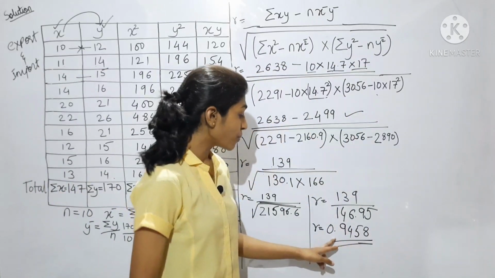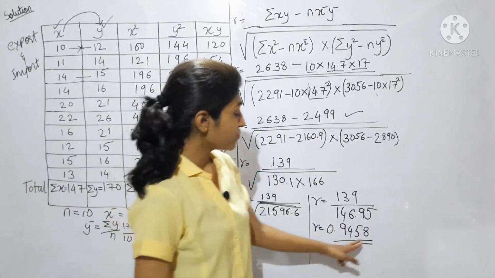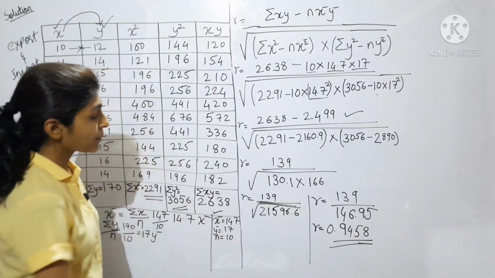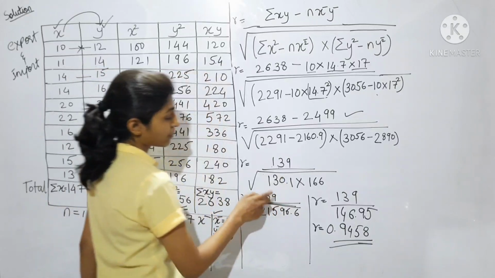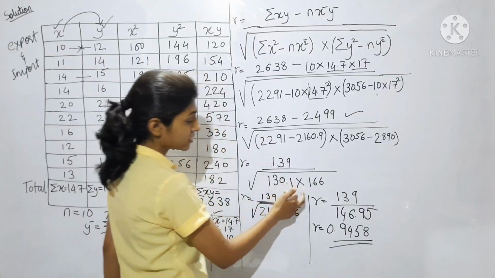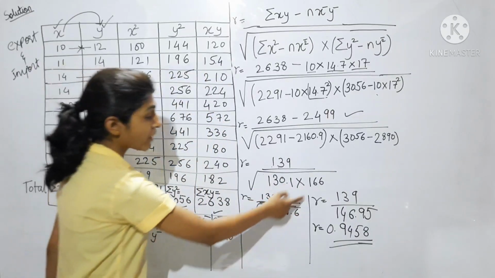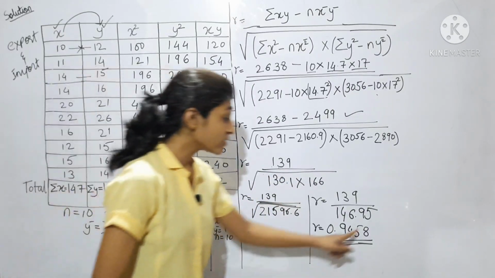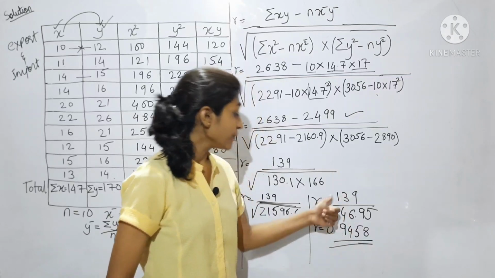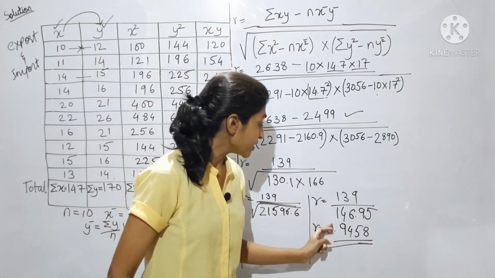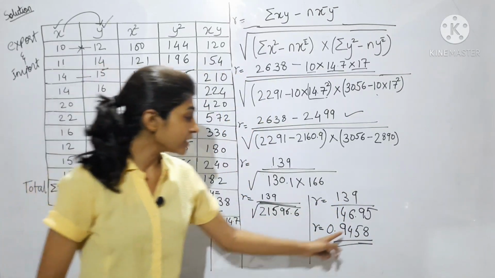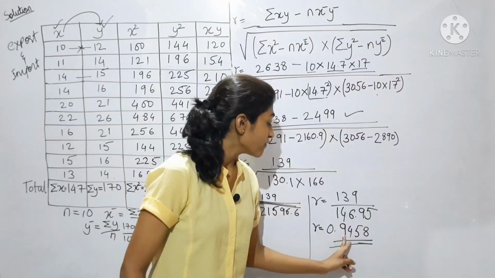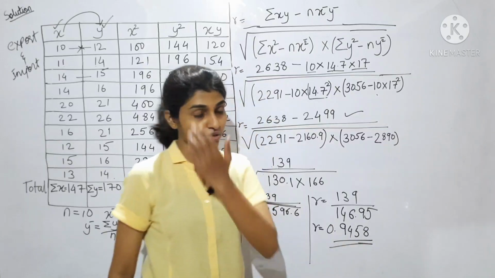0.9458. I hope you are also getting this answer. Just remember, first multiply the two numbers, whatever answer you get, find the square root of that answer and then write it here, and then divide 139 by 146.95, and the answer you will get is 0.9458.